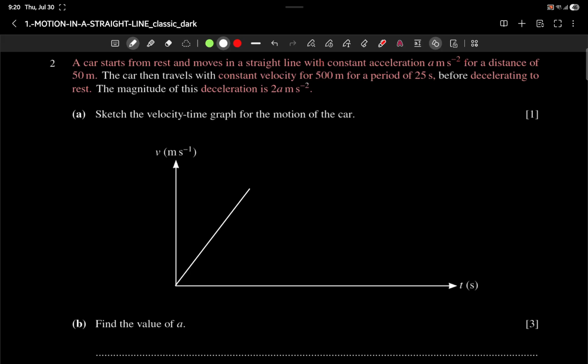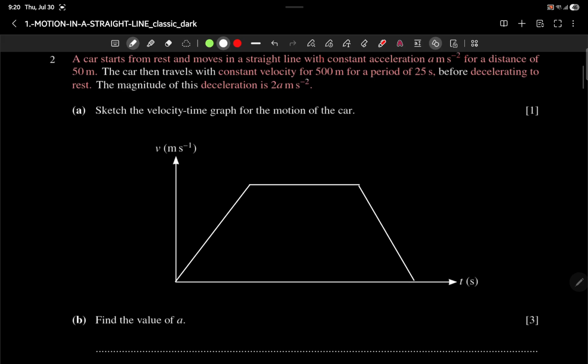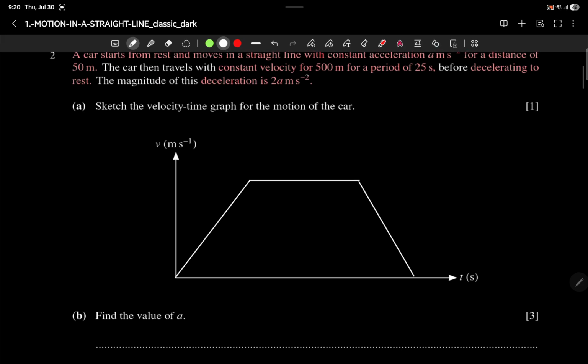The car then travels at a constant velocity, so constant speed for 500 meters, before decelerating to rest. So it accelerates with constant acceleration, then stays at constant speed, and then decelerates with constant deceleration. Okay, so we get a trapezium shape.